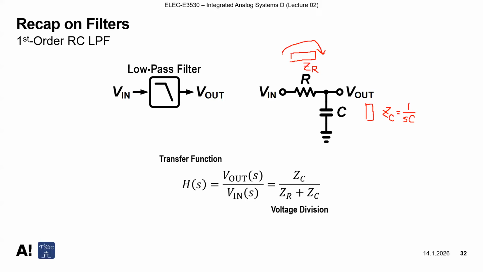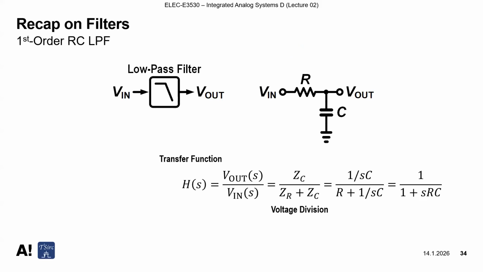Or you might also have learned it as 1 over j omega C. With voltage division, we divide our voltages, so it becomes 1 over SC over R plus 1 over SC. Rearranging this equation, we finally get 1 over 1 plus SRC. This is the transfer function.